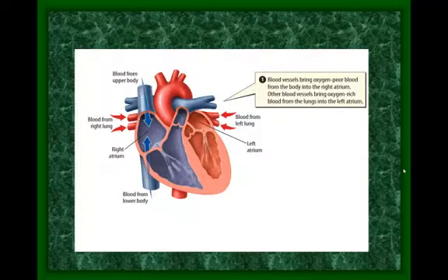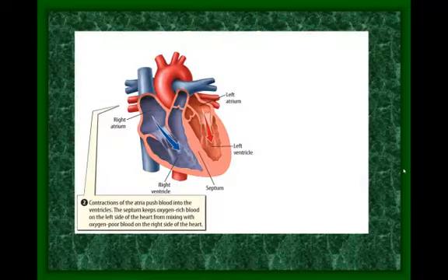Here's, again, from your book. I want you to look at this diagram. Number 1, the blood vessels bring oxygen-poor blood from the body to the right atrium. Other blood vessels bring oxygen-rich blood from the lungs into the left atrium. Contractions of the atria then are going to push the blood into the ventricles.